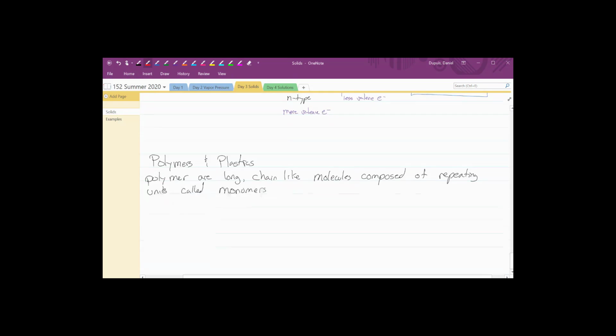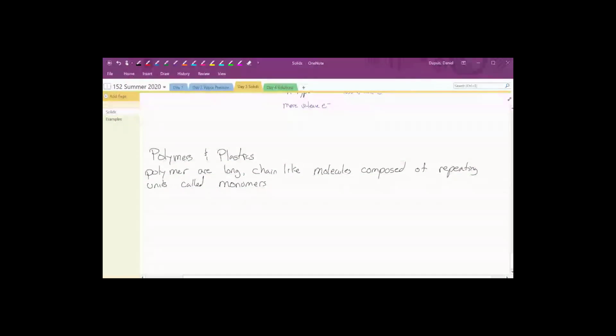All right. They're generally amorphous, but can be crystalline.